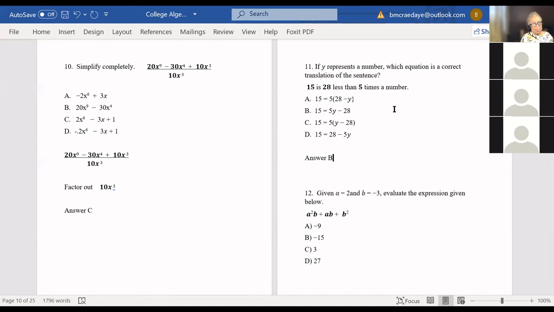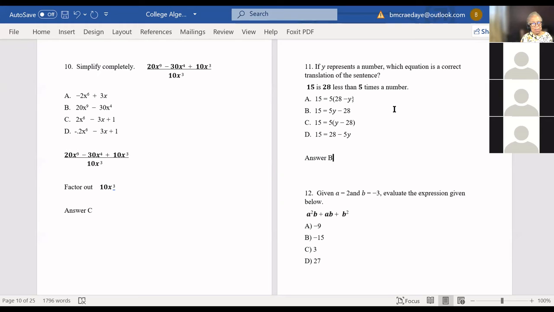So if it says 28 less than, that means the 28 is subtracted from some number, in this case 5 times a number. That's a multiplication, 5 multiplied times a number, which is called the variable y. Okay, very good.